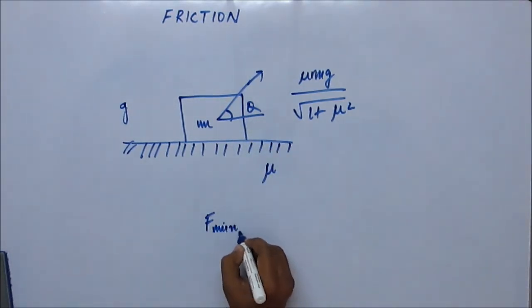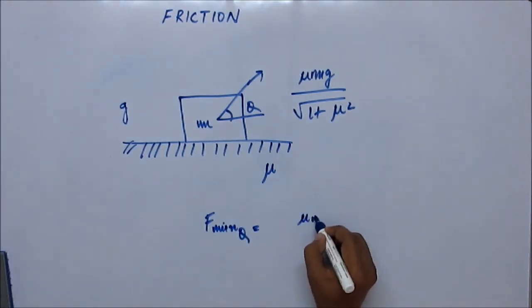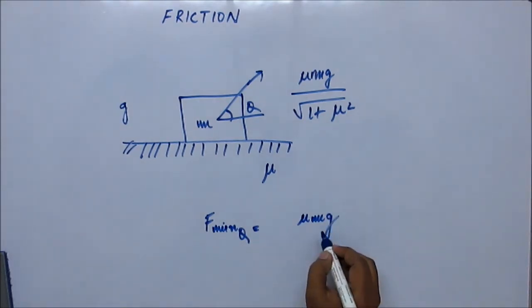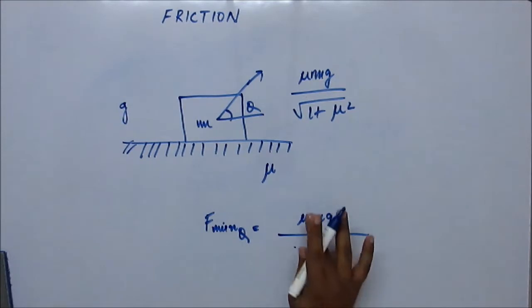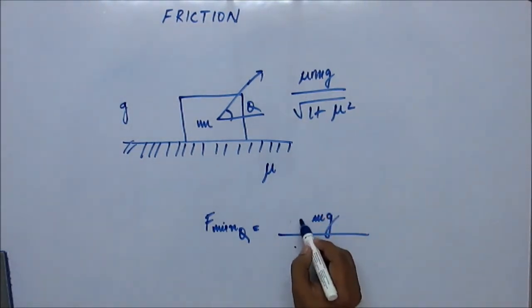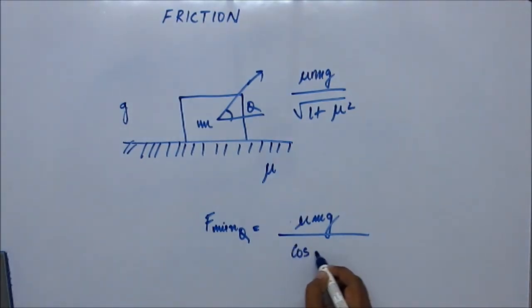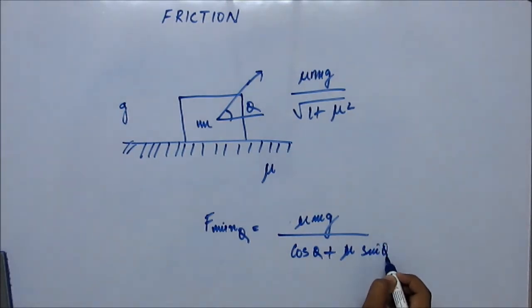So minimum force at given angle theta would be mu mg upon cos theta plus mu times sin theta, as we have done before. So we have found this expression before.